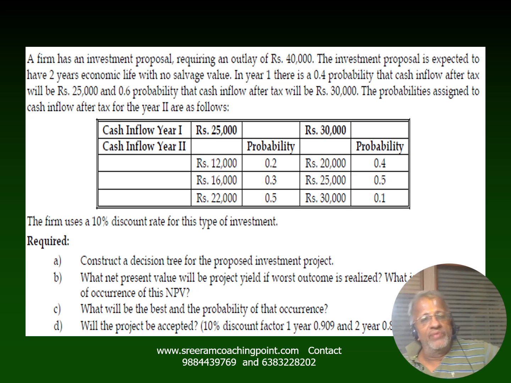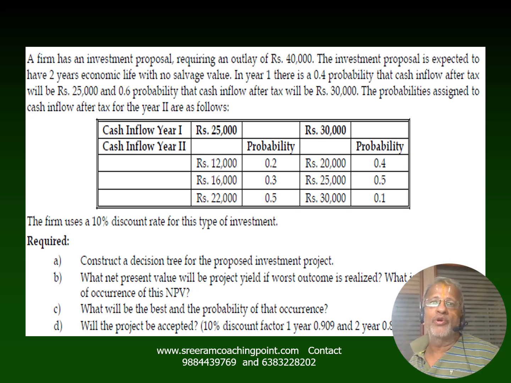Therefore the rest of the combinations become easier. From 16,000 to 22,000, there is going to be only 6,000 as the increase. So 6,000 multiplied by the second year PV factor will be the change that you would expect in the case of NPV.